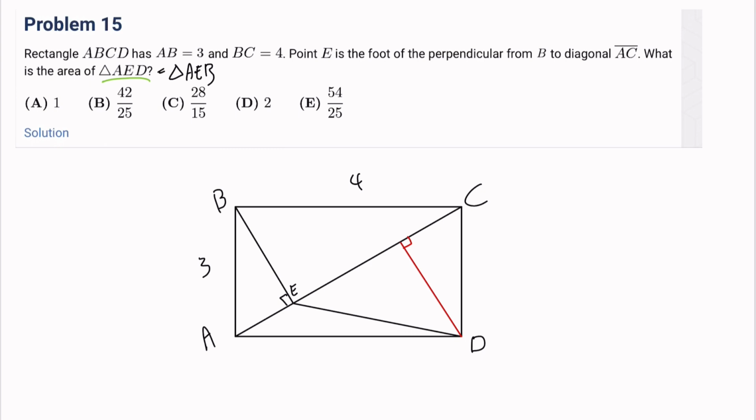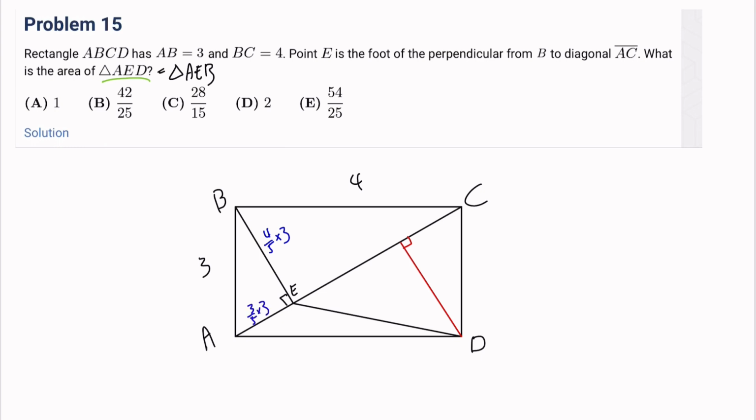And so since this length is 3 and this length is 4, that means this length is 5, and the ratio of the lengths is 3 to 4 to 5. That means this is 3 to 4 to 5 also, right? But then since this is 3, BE is 4 over 5 times 3, and this is 3 over 5 times 3, right?